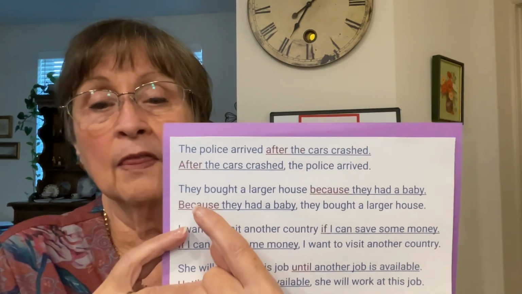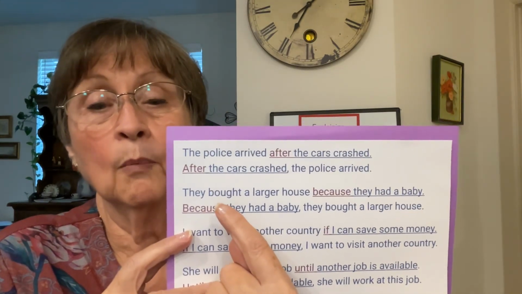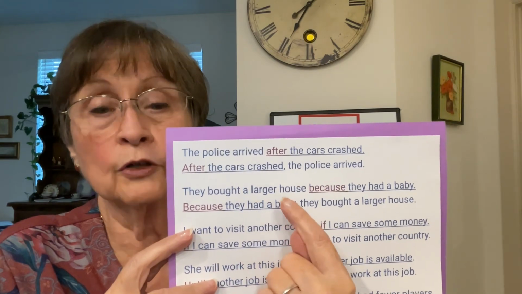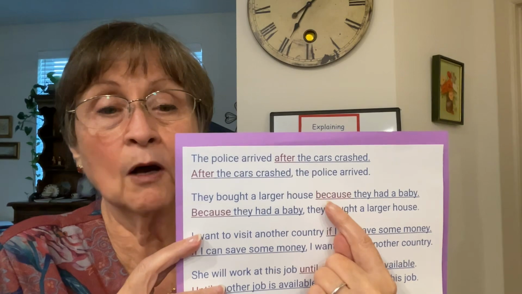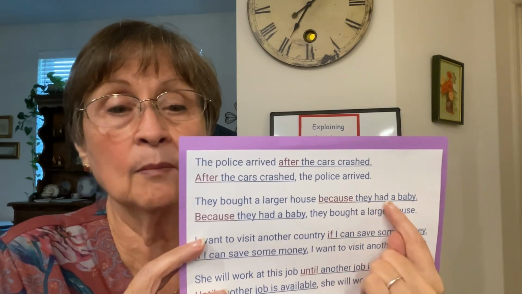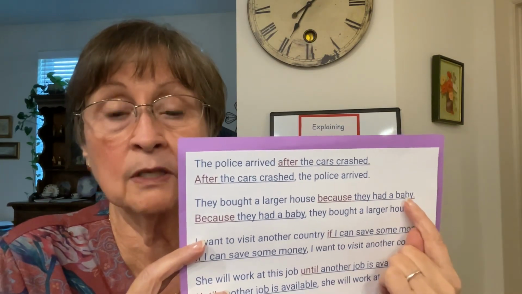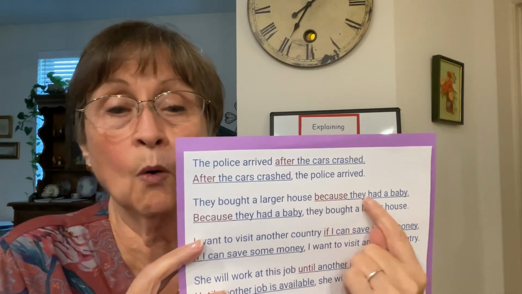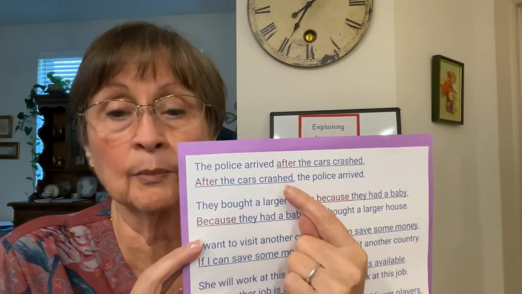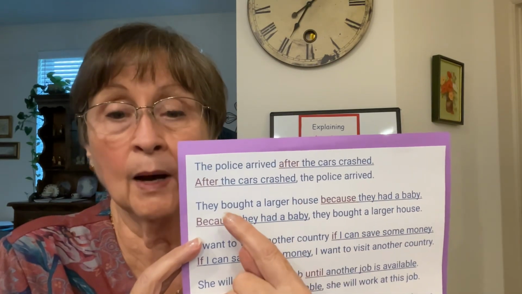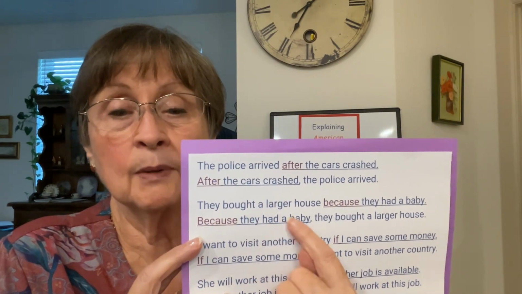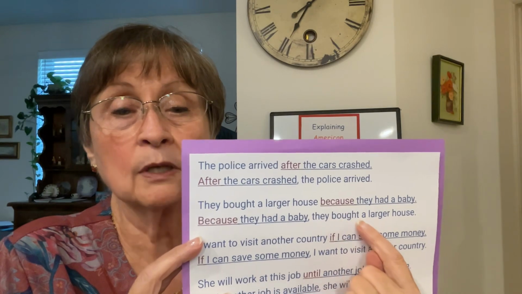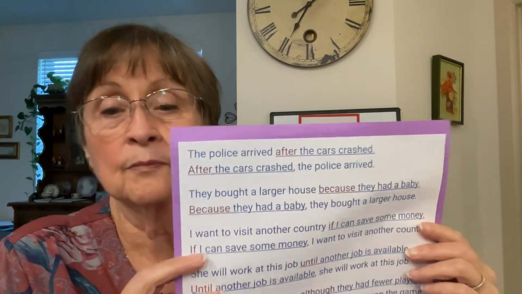Again, they bought a larger house. Why? Here's the adverb: because they had a baby. They had a baby is a sentence, but with because, the whole thing becomes an adverb. Why did they buy? And if we put it first: because they had a baby, comma, they bought a larger house.